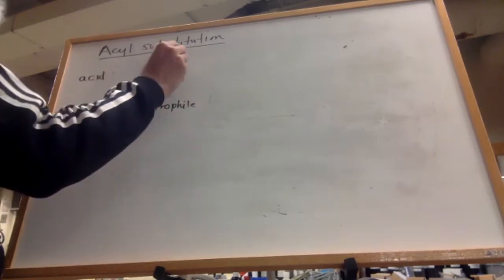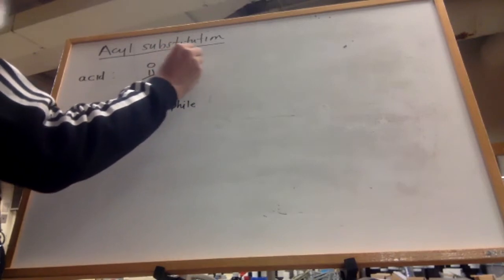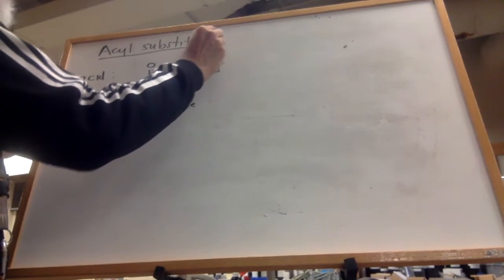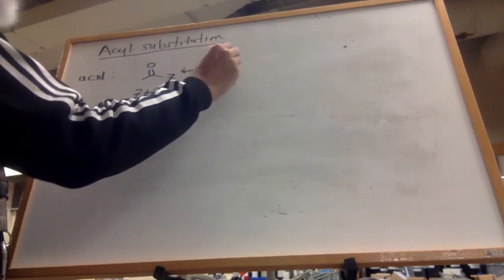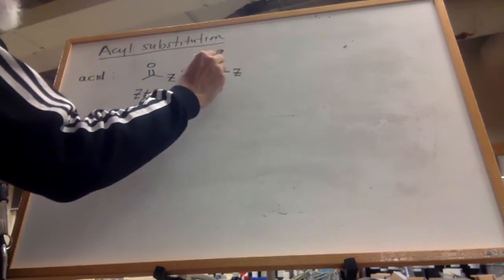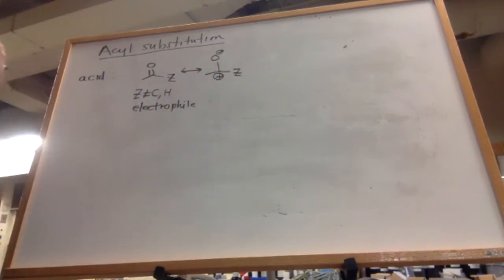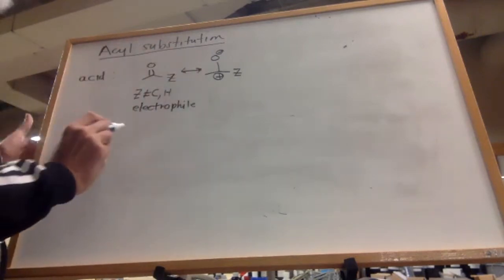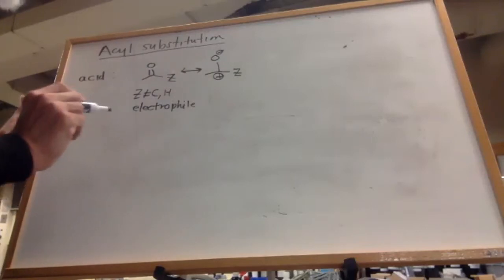We could write a resonance structure in which the attack by the nucleophile is a little easier to see. We see that the acyl carbonyl has a partial positive charge on it because of this resonance structure. So nucleophiles are going to attack this acyl carbonyl.